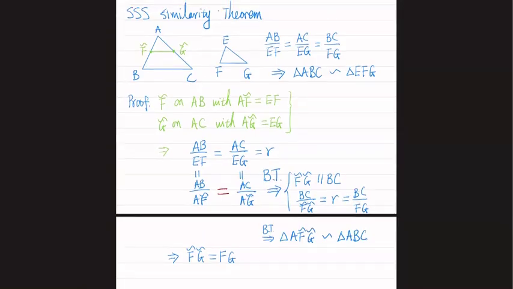Now we compare these two triangles. What do we have? These two sides, same length by construction. These two sides, same length by construction. And these two sides, we just proved they have the same length. Now, what can we say about these two triangles? Are they congruent?